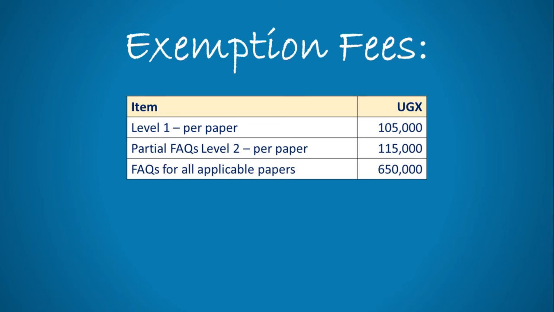So you can use these fees to see how much you're supposed to pay for the exemptions. Again, when it comes to exemptions, you may not need to do it right now. Right now, you're going to focus on the registration fees and the tuition fees. Then the examination and exemption fees are going to come later as per the deadlines I'm going to share here.